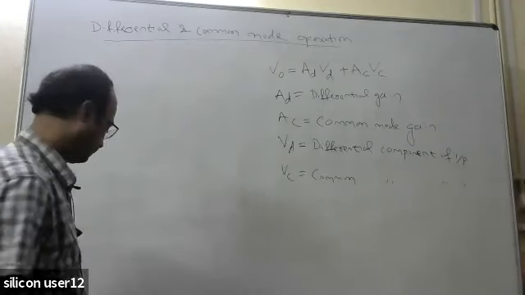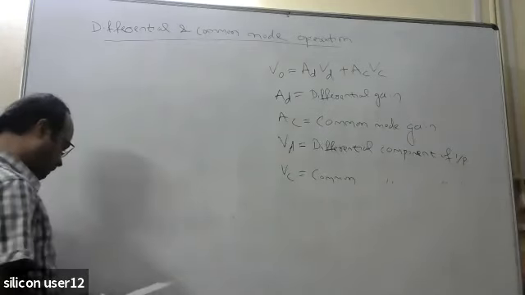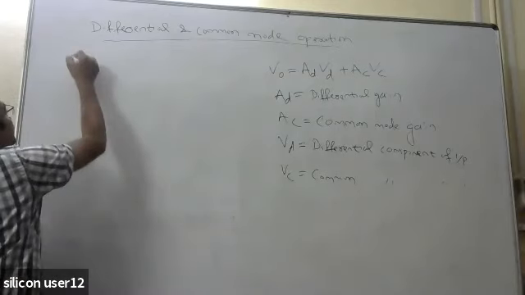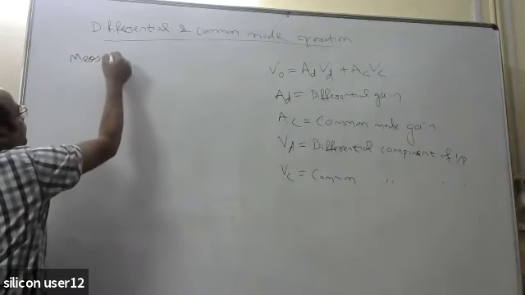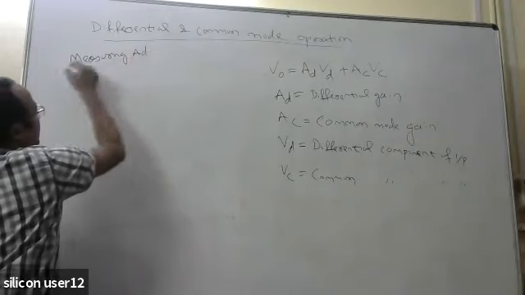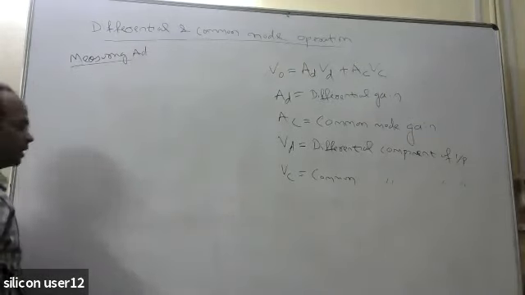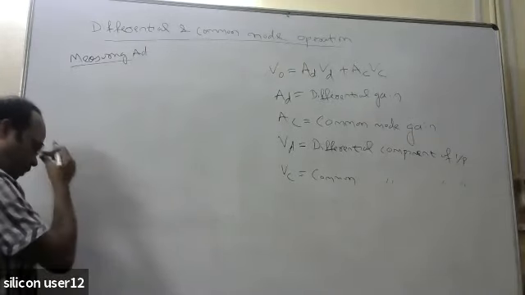So we'll see about measuring the AD. To measure the AD, what we can do is apply opposite polarity input.